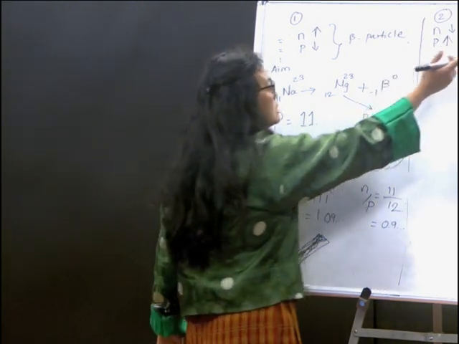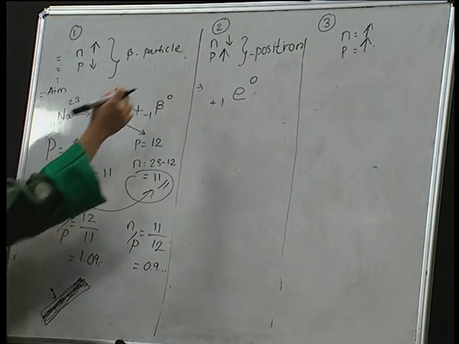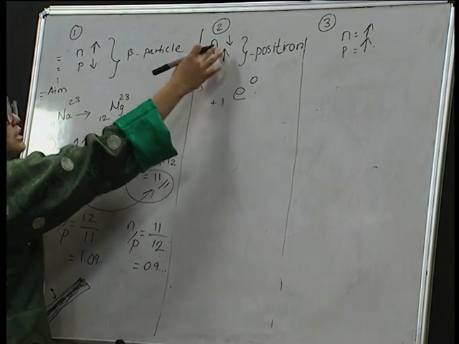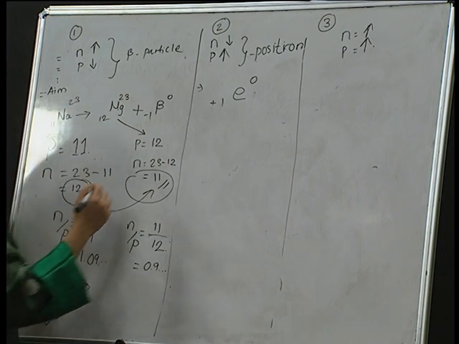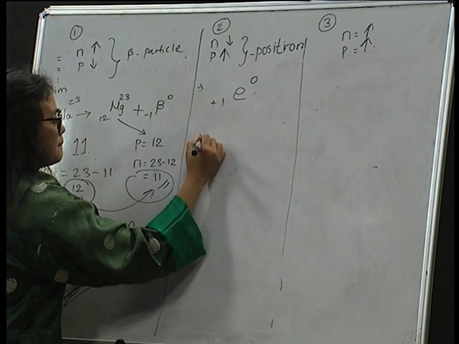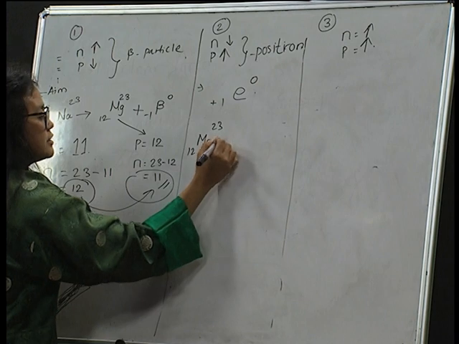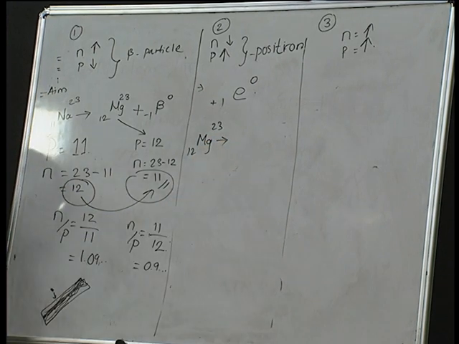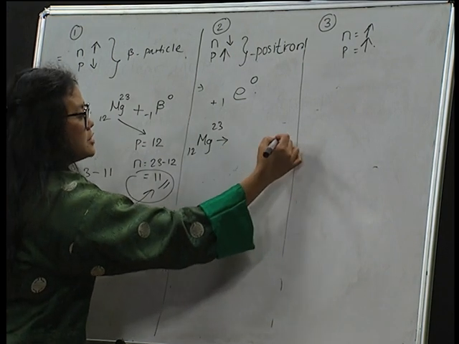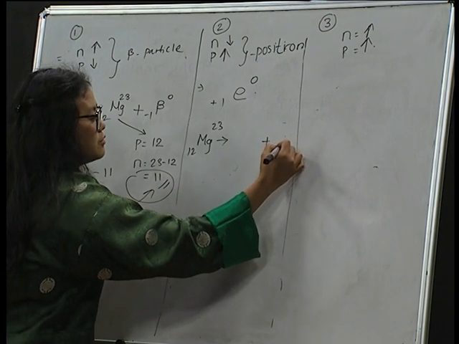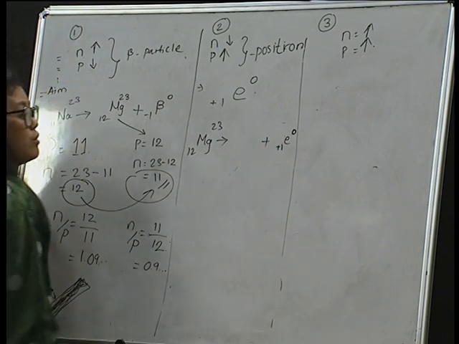Now we will see how the emission of positron brings about the stabilization, or how this emission of positron increases the number of neutrons. So this is magnesium. So when this element undergoes emission of positron, positron is now represented as e, having mass number 0 and charge +1.